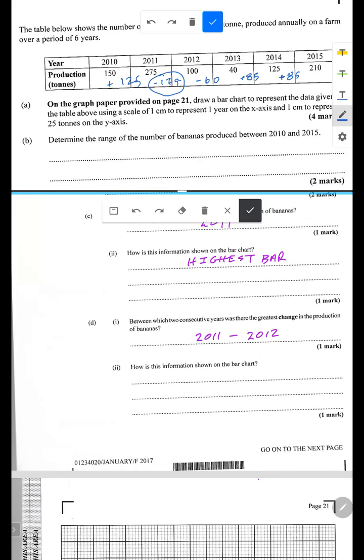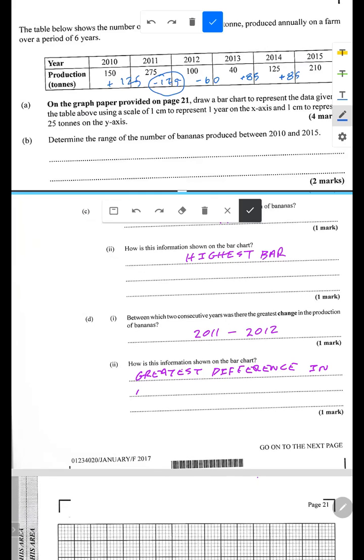All right, so I write that greatest or largest difference in height of two consecutive bars.